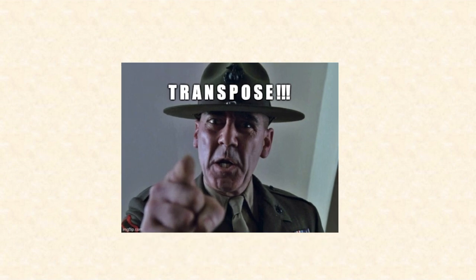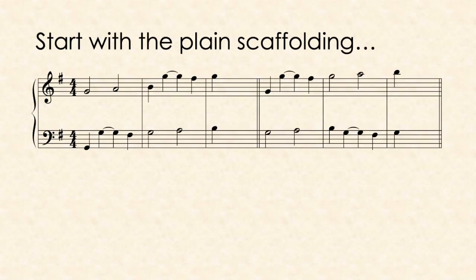For a deeper understanding of the schemata and their potential for diminution, I would copy and examine the following examples, which are all based on one of the discussed scaffoldings. And what's most important, don't forget to transpose. One could start with a plain scaffolding in both possible constellations.